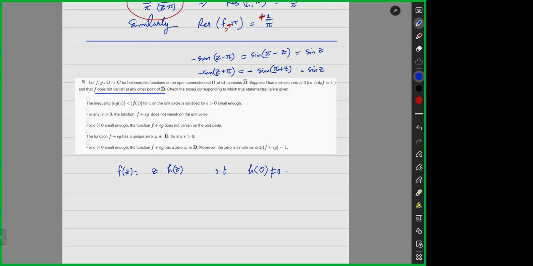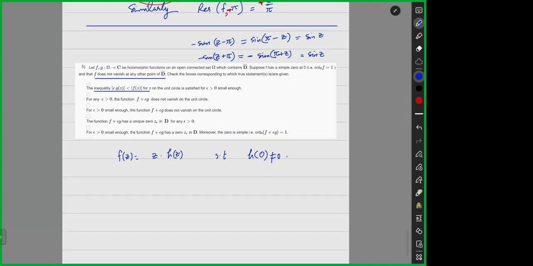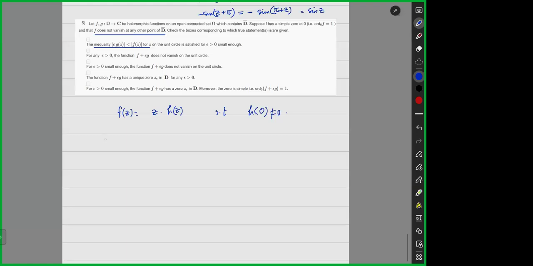The first inequality they are talking about is this: epsilon times |g(z)| is always less than |f(z)| for z running on the unit circle, satisfied for epsilon small enough. What if it is not satisfied?